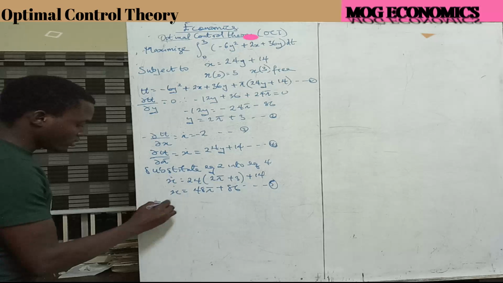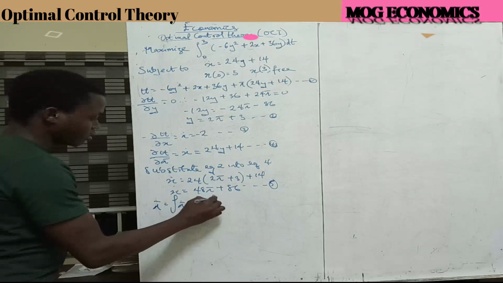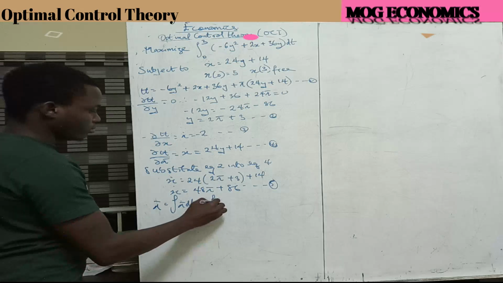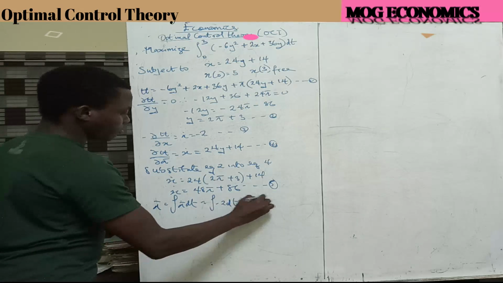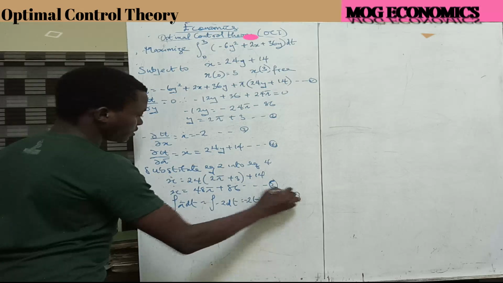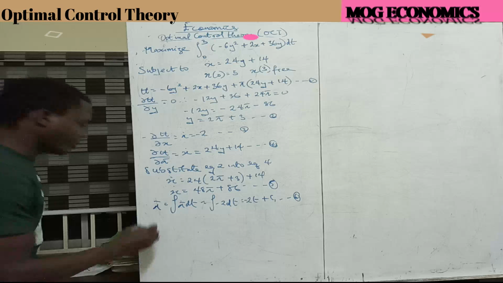So this is the integral of lambda dot, which is the integral of minus 2 dt. This is minus 2t plus c1, equation 6. So we substitute equation 6 into equation 5.